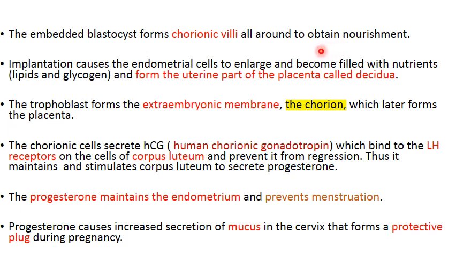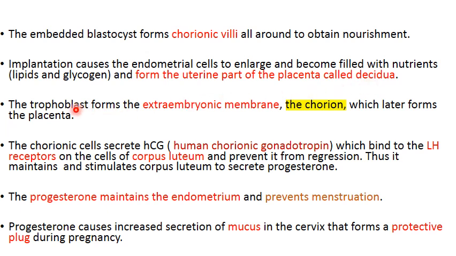At the same time, under the influence of high levels of LH, there are changes in the endometrium also. So what changes? The cells are going to increase in size. They will become filled with nutrients, like lipids and glycogen, and they are going to form the uterine part of the placenta, that is called the decidua.